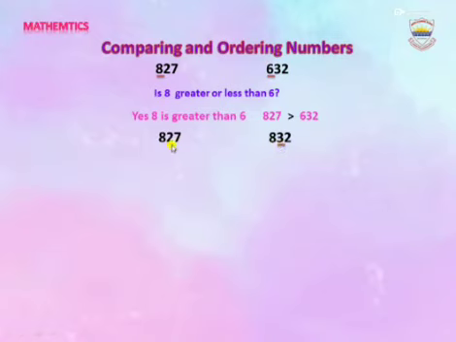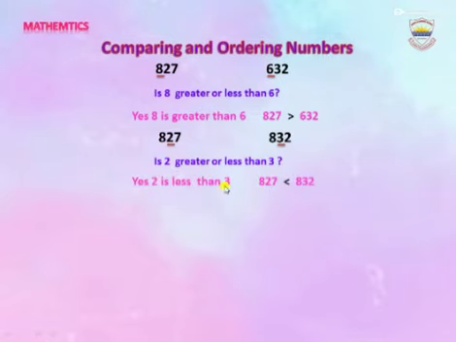So, we compare the next number, that is tens number 2 and 3. Is 2 greater or less than 3? Yes. As you know, 2 is less than 3. So 827 is less than 832. It means if we have the same number in 100, so we go to the next number to compare and we got the answer which number is greater and which number is less.